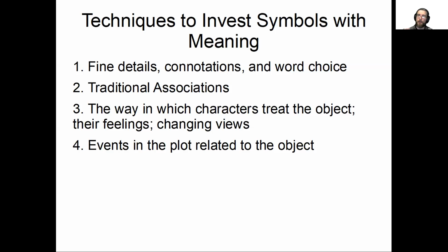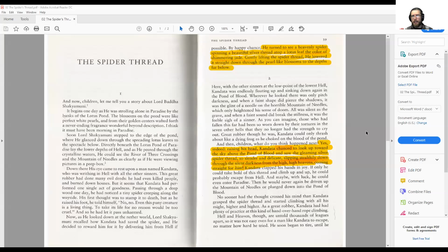Now, let's look at how it's actually described in the story, building off of these associations and our understandings. Lord Buddha in heaven turned to see a heavenly spider spinning a beautiful silver thread atop a lotus leaf the color of shimmering jade. Gently lifting the spider thread, he lowered it straight down through the pearl-like blossoms to the depths far below. There are innumerable positive connotations associated with the words here.